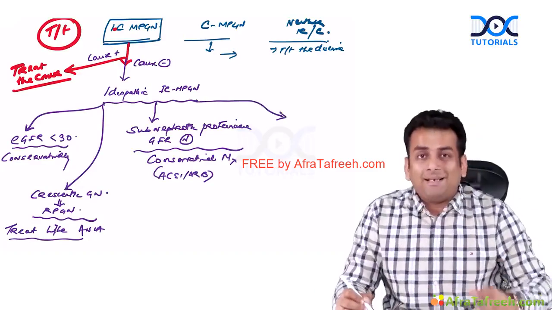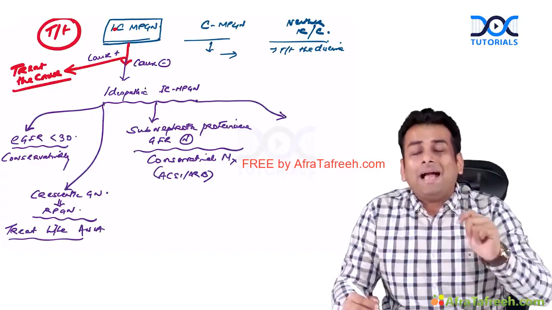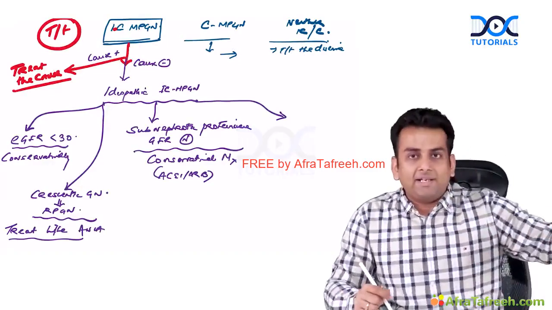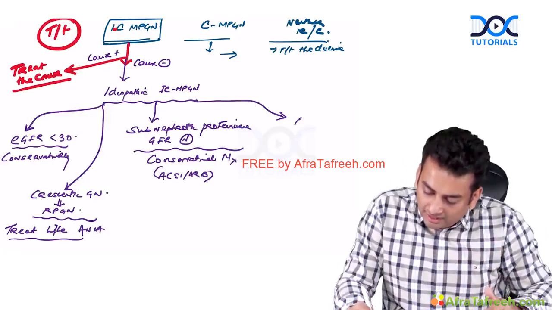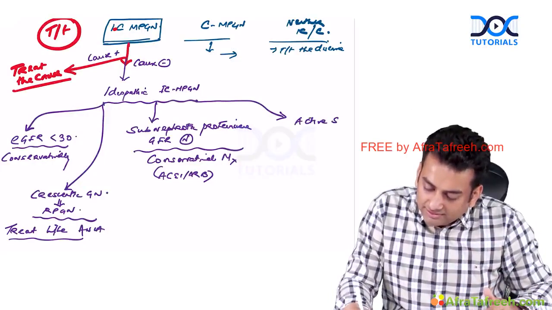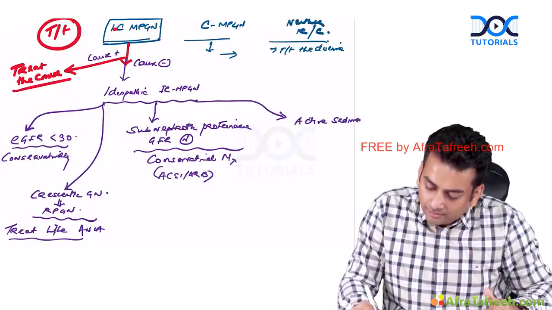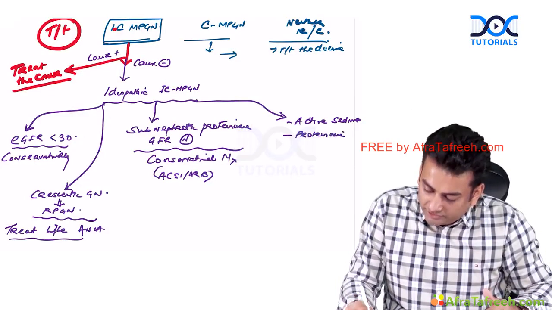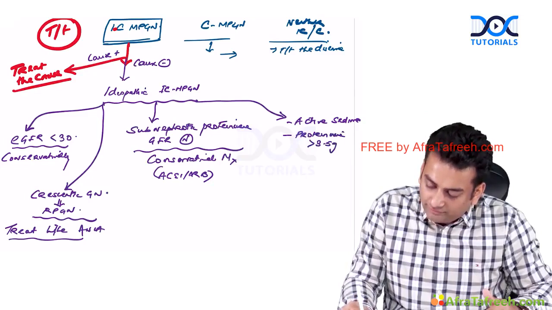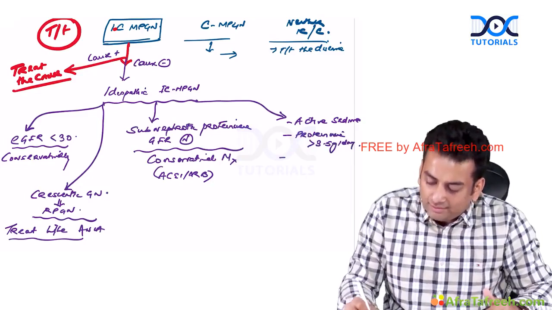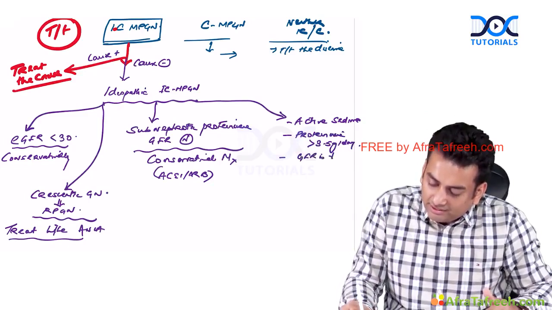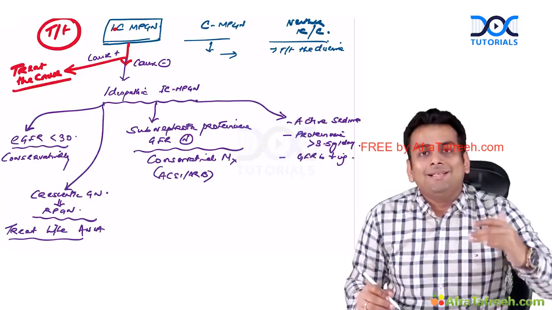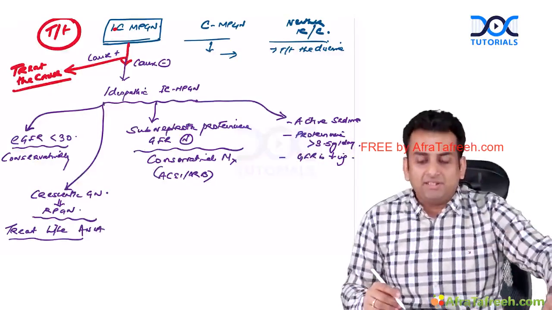But if the disease presents to you as an active disease, not like a crescentic GN, but there is presence of activity. How? You have active sediments in the urine. You have proteinuria which is massive, more than 3.5 grams per day. And the GFR is declining, so the serum creatinine is rising. There is hematuria, active RBC casts.